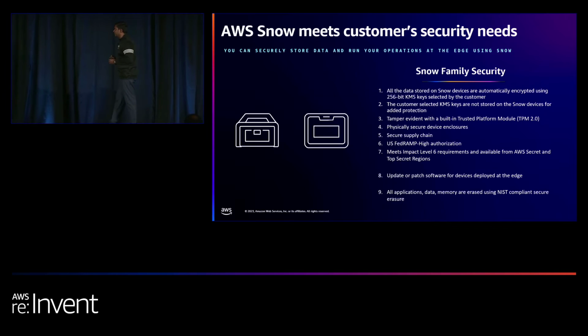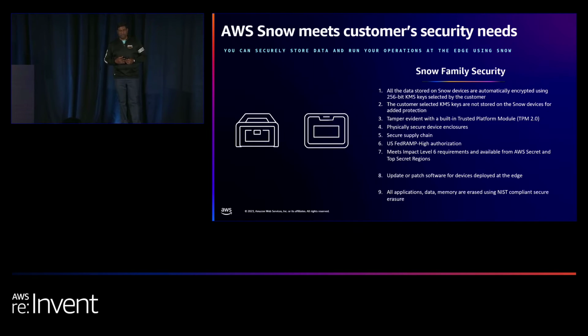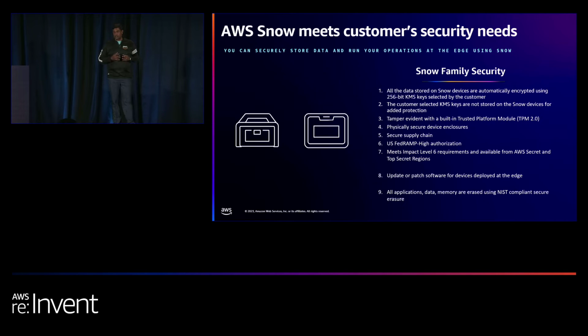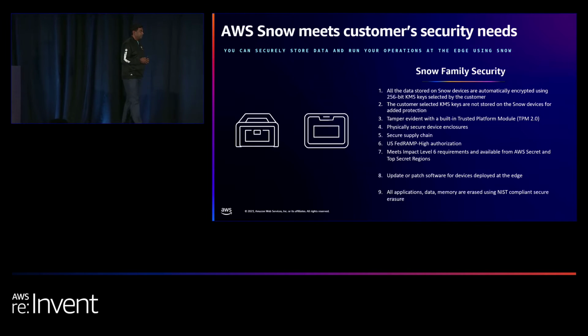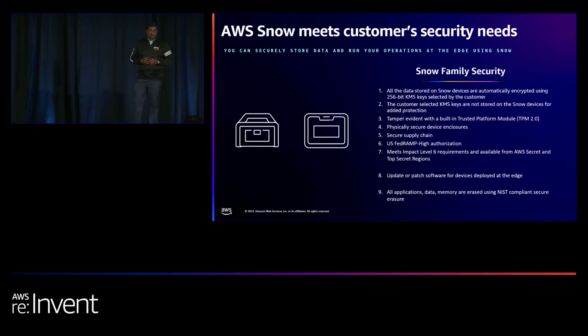The Snow devices are tamper-evident, and we use a Trusted Platform Module, TPM 2.0. As you've seen from the pictures, the Snow devices have a secure physical enclosure that provides you with added protection and security. We follow a secure supply chain where all the components on the devices are known and tracked.